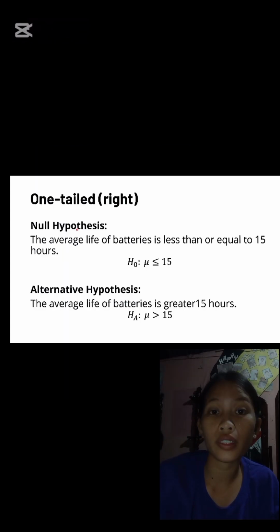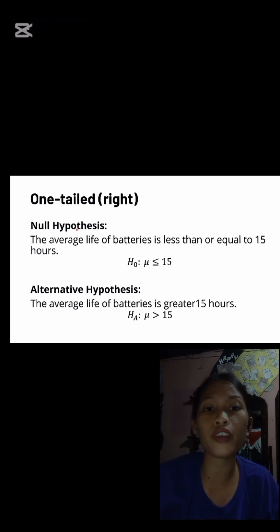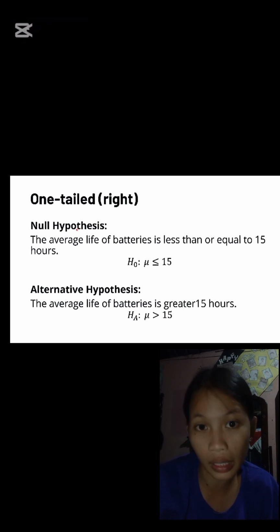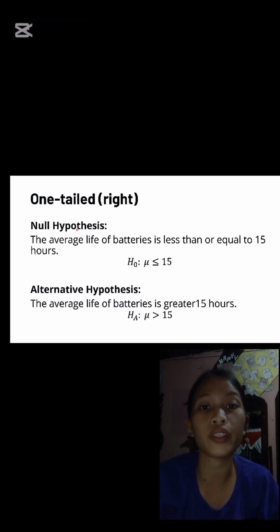So, here are examples of directional and non-directional tests, or one-tailed and two-tailed tests. First one is the one-tailed test on the right. Its null hypothesis is the average life of battery is less than or equal to 15 hours.